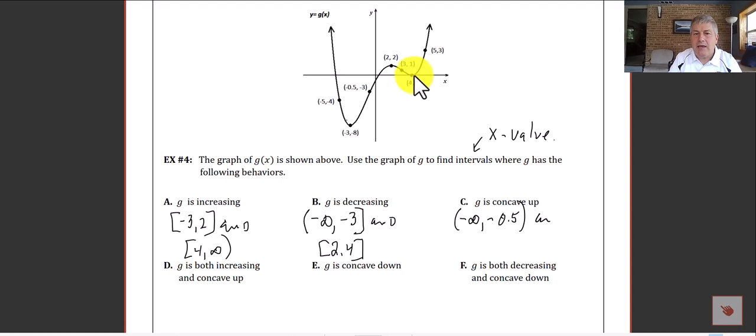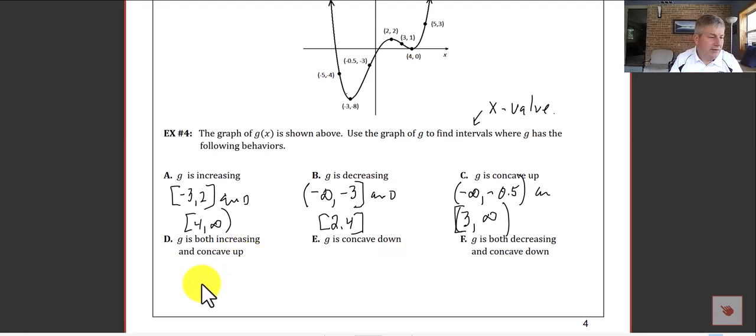And then again, it's concave up from, looks like about here at 3 to positive infinity. And my guess is that's got to be a bracket there at 3.